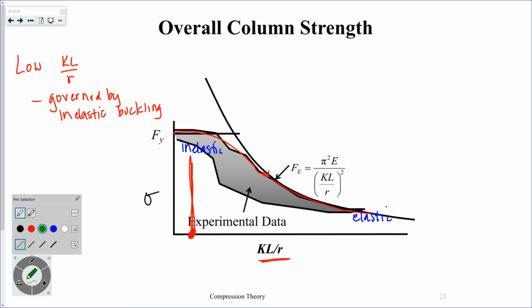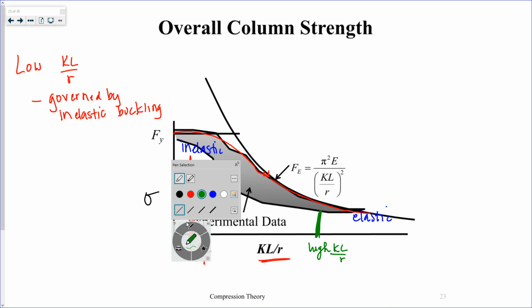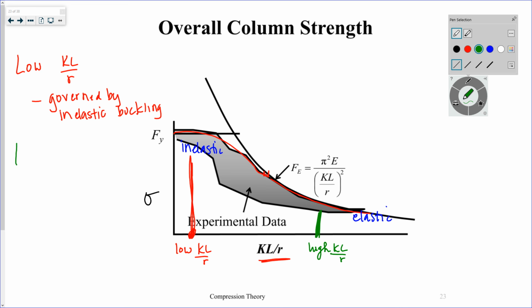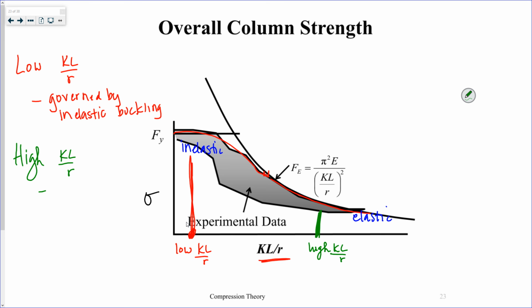If I have a high KL over r, so if I'm high, that means I'm very slender, long and skinny, I'm more likely to be governed by out of straightness effects.